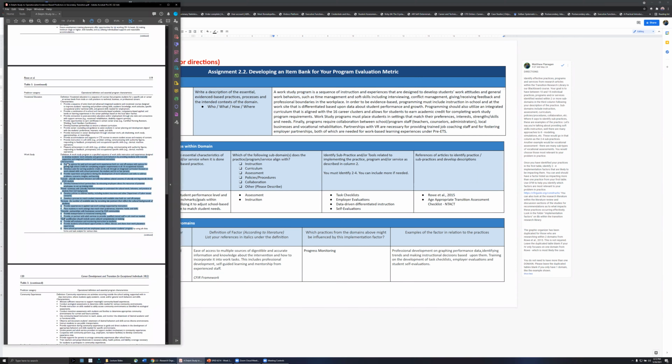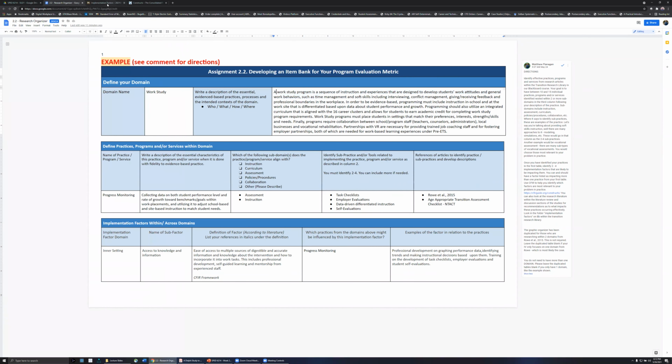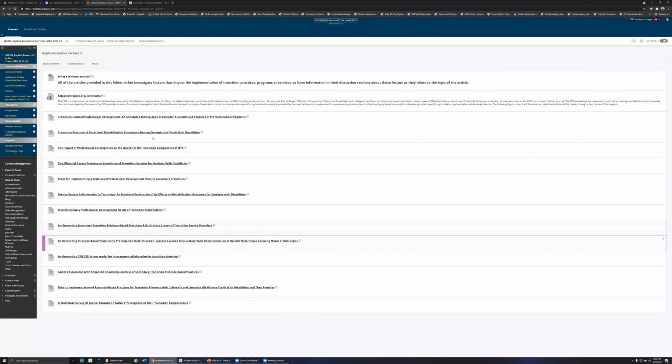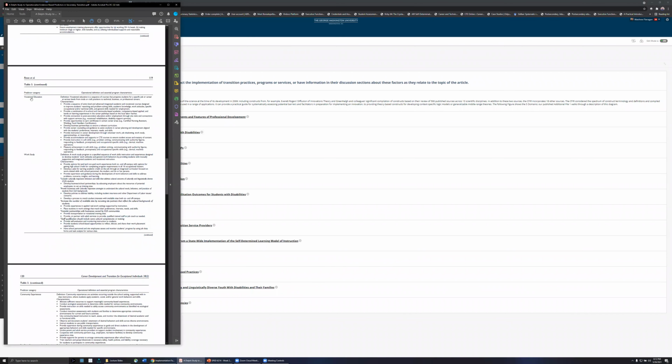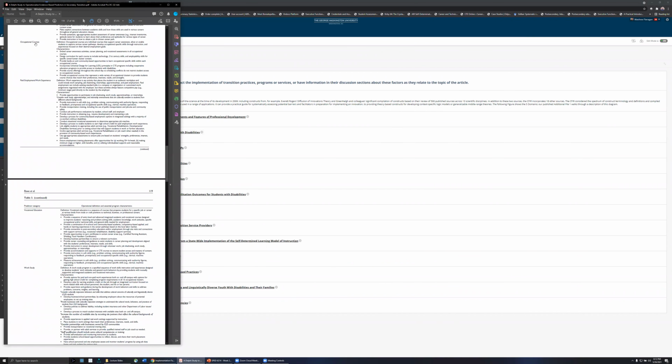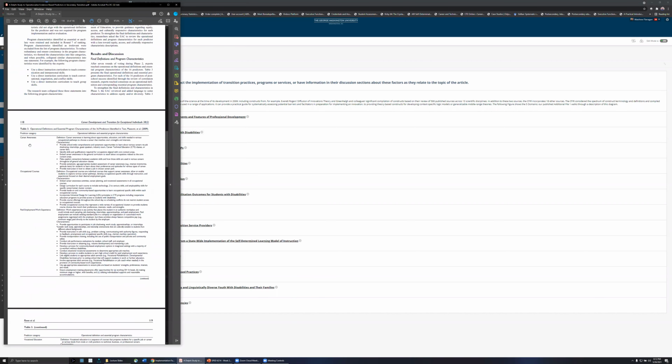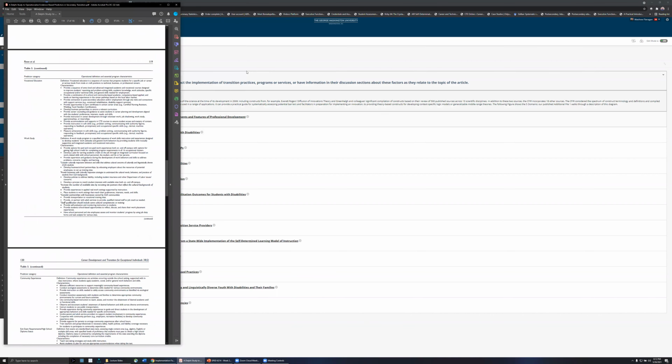So you're going to be looking at ROW. You're also going to be looking within one or more articles that are provided here. The article you choose depends on what your domain is, right? Your independent variable, which is your domain, as aligned with ROW. So whatever your independent variable aligns with over here, occupational courses, whatever it may be, is your domain.